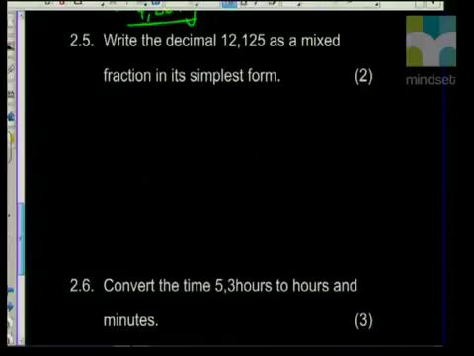Right, question 2.5. Write the decimal 12.125 as a mixed fraction in its simplest form. Now, the word mixed fraction basically means that I need to convert this decimal to being a fraction that has got a whole number and a fraction.